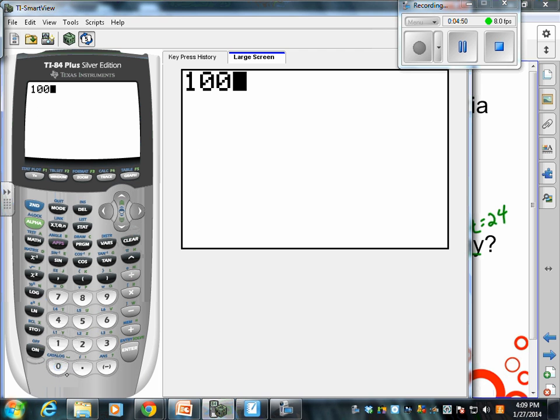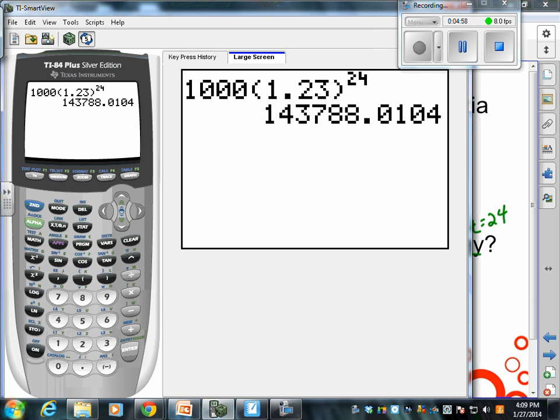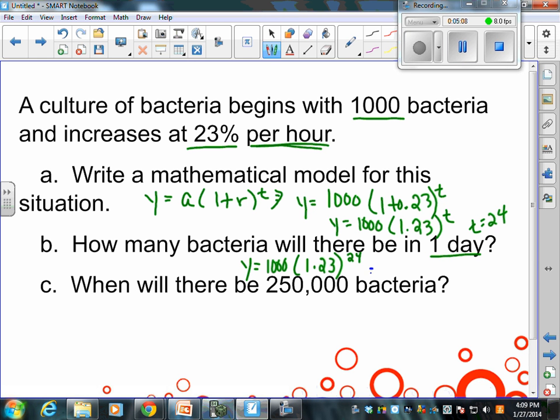We want 1,000 times 1.23 to the 24th, and I get 143,788. That's the number of bacteria that I should have at the end of one day. So that was 143,788 bacteria.